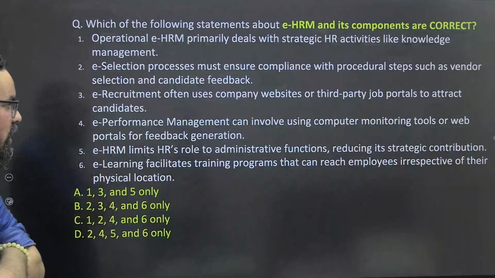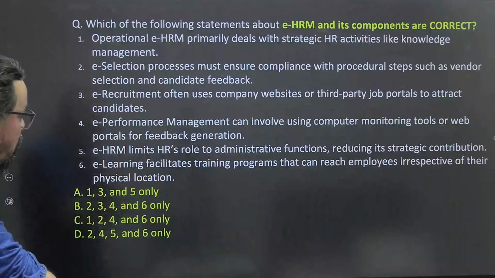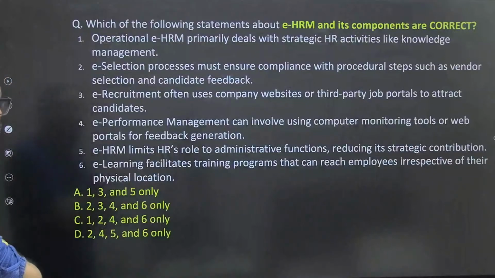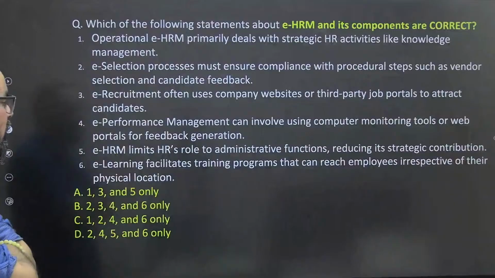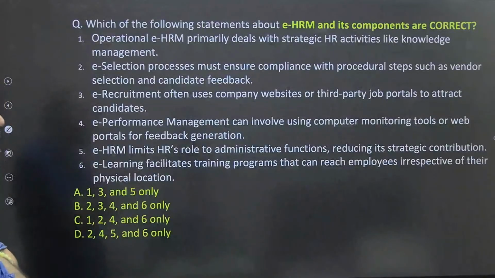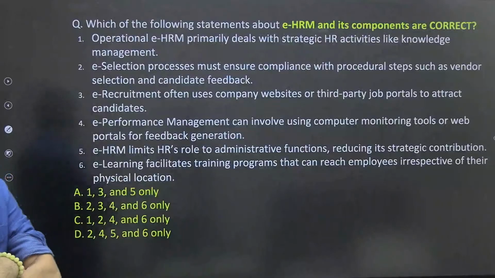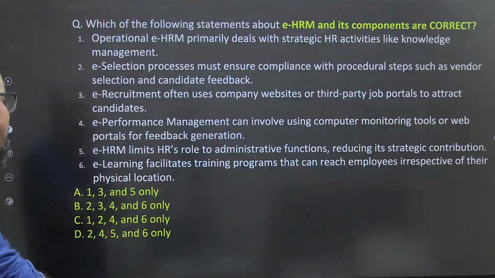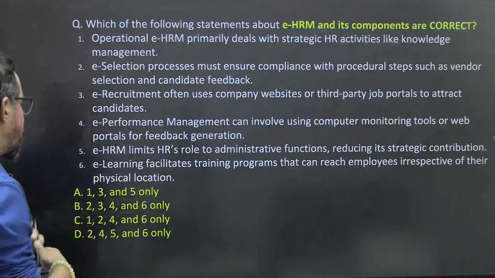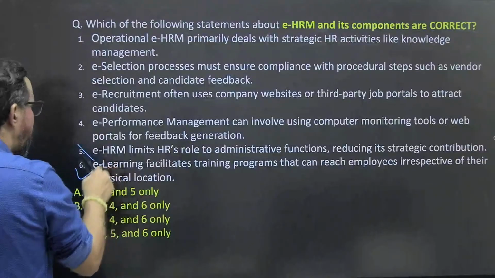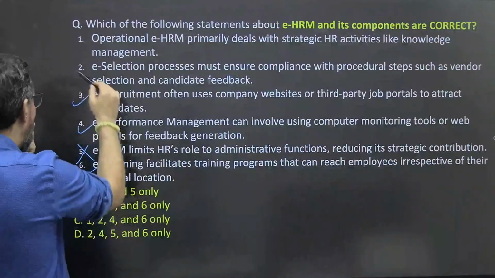E-performance management can involve using computer monitoring tools or web portals for feedback generation. EHRM limits the role of HR to administrative functions, reducing its strategic contribution. And the final one: e-learning facilitates training programs that can reach employees irrespective of their physical branches and all. Right, wrong. E-performance right and wrong.